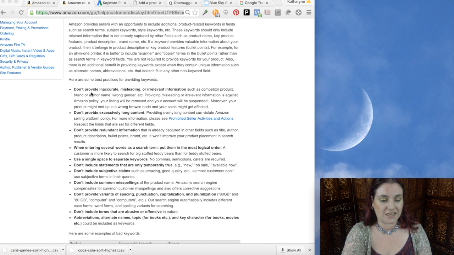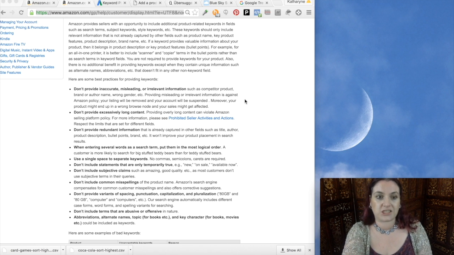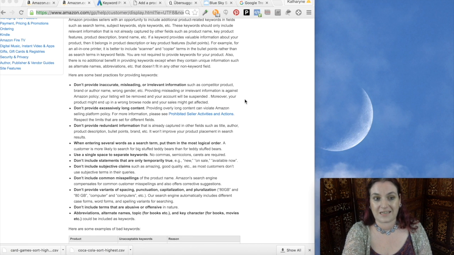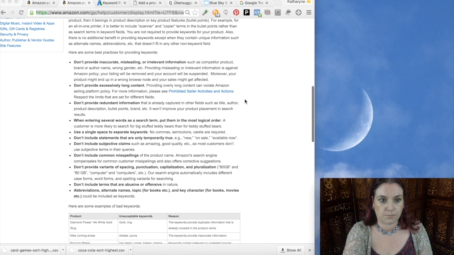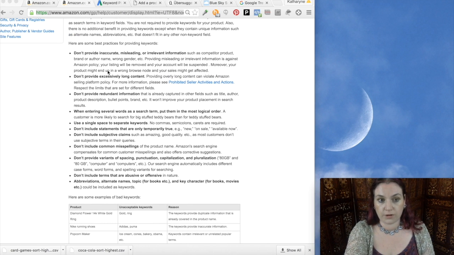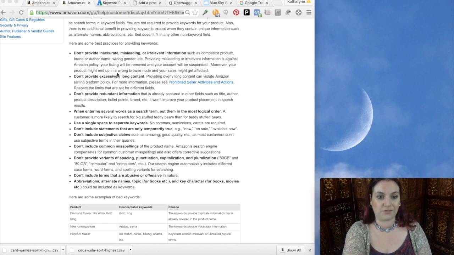They very specifically say don't provide inaccurate, misleading, or irrelevant information such as competitor product, brand, author name, wrong gender, etc. Providing misleading or irrelevant information is against Amazon policy. Your listing will be removed and your account will be suspended. And moreover, your product might end up in the wrong browse node and your sales might get affected. So don't do anything naughty with your keywords.